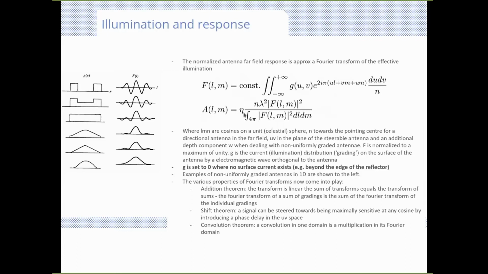The antenna has losses, which is indicated here by this eta over here. As I said, the antenna is measuring at some frequency, so this is indicated here by wavelength lambda.